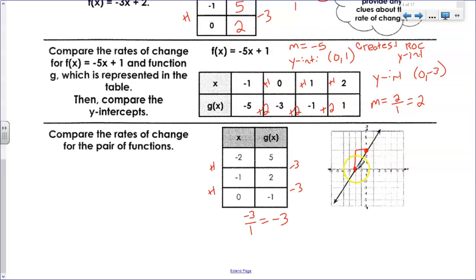So this will be rising 1, 2, 3, and running 2. So the slope of this is 3 over 2, which is 1.5. So which one has the greater rate of change? The negative 3. So that's how you can find the slope from a graph, our function, or some tables.